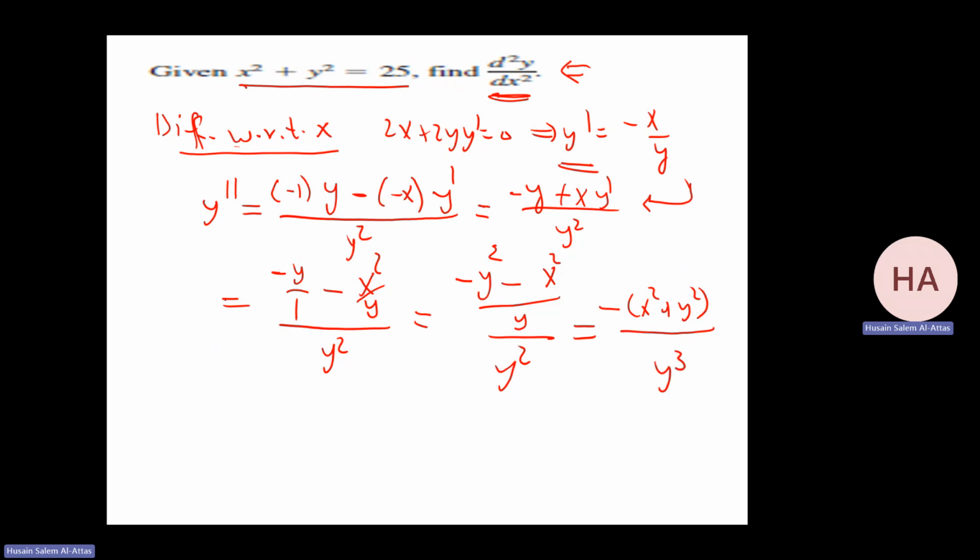Be careful, notice x squared plus y squared is equal to 25. So the answer is minus 25 over y cubed. That's it. So I find y double prime in terms of y.